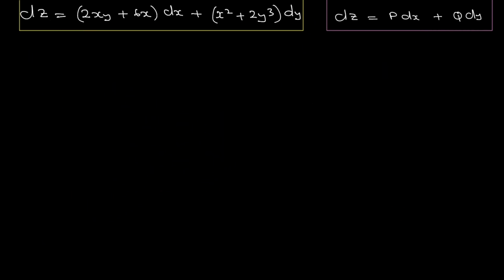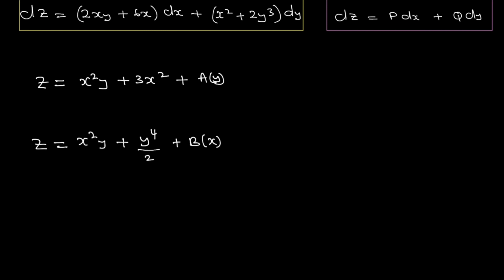Okay, so we found z from p, and we also found z from the integral of q dy. Now we need to find a and b. And if you look at this equation here, that and that we cancel out. We want a(y) would be that. So that would be a(y) because it's only in terms of y. And b(x) will be that because it's only in terms of x. If I differentiate this in terms of y, this will disappear. If I differentiate this in terms of x, this will disappear.